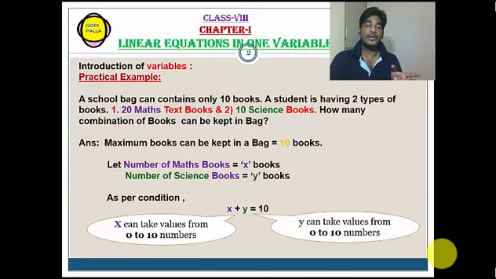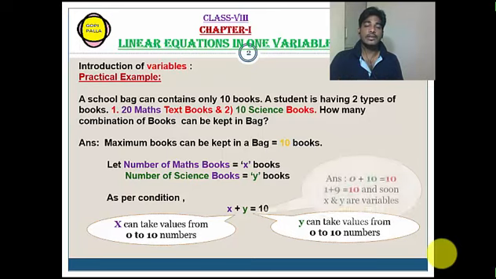Similarly, the variable y, the science books, can take only values from 0 to 10. So a variable means a numerical value can be given to y.